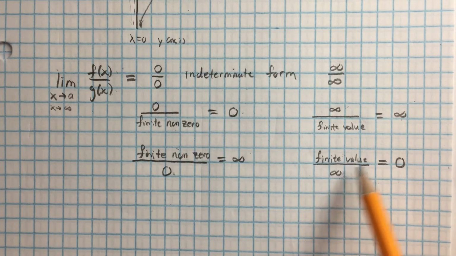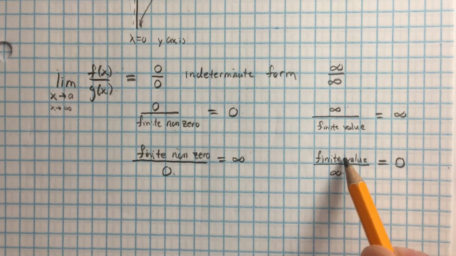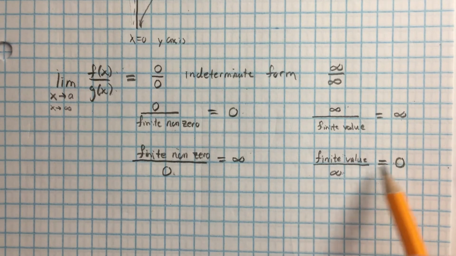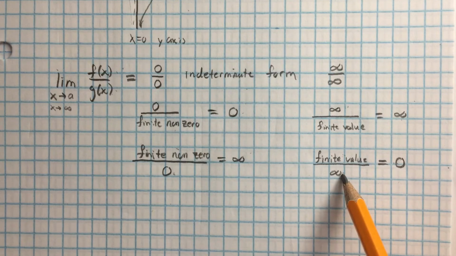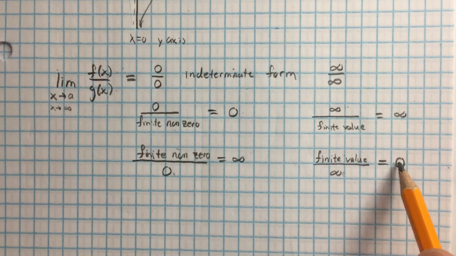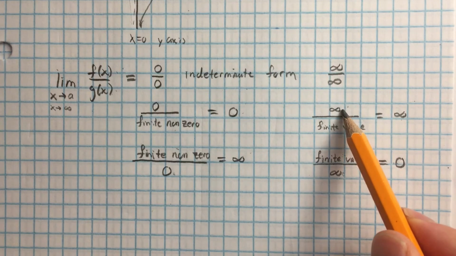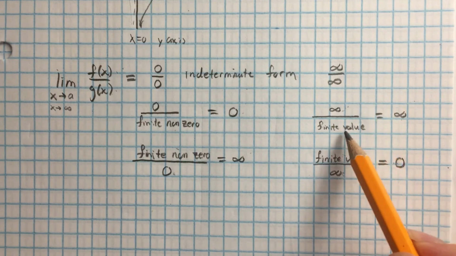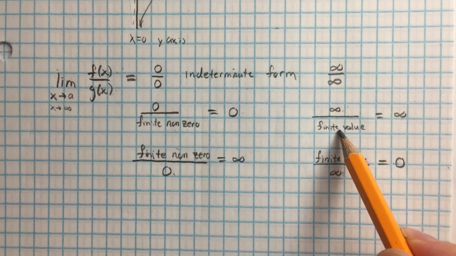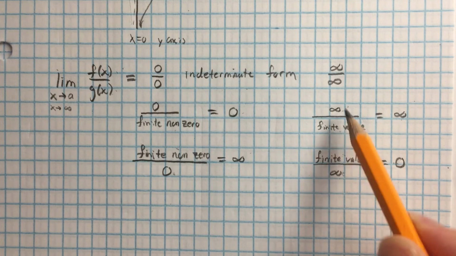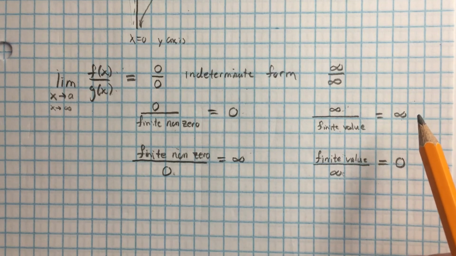0 over infinite case is 0, right? I mean, the top's already heading towards 0 anyway, and the bottom's getting very large, which is making the overall ratio even smaller towards 0 faster. So to here, as the top heads towards infinity, it's getting very large, and if this finite value is heading towards 0, then that's making the ratio bigger and bigger from both directions, in a sense.